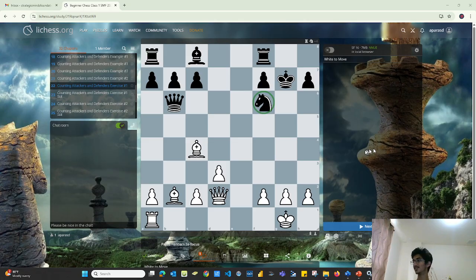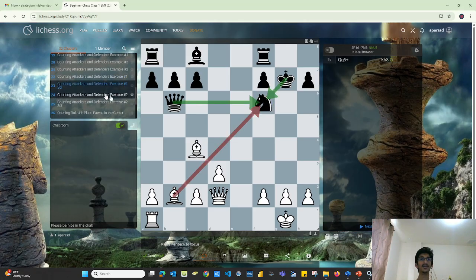Okay, so I'll talk about the solution to this exercise. One attacker or one defender? Okay. Close. Yes, you are right that there is one attacker, which is this bishop over here on b2. And the one defender is the king. So the king can defend things, but there's also another defender, which is the queen.